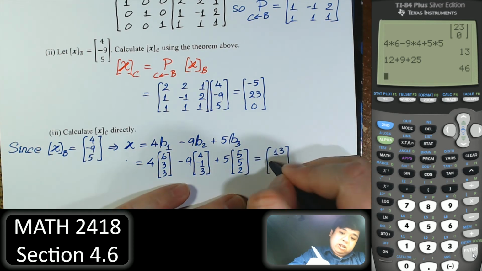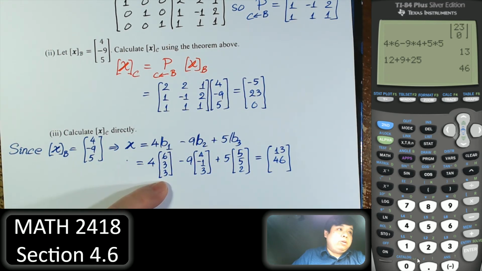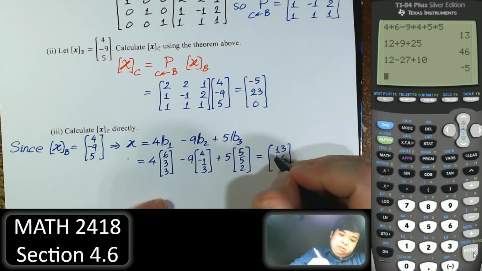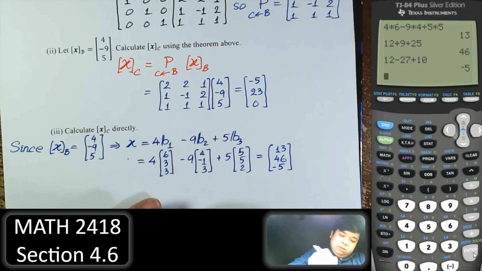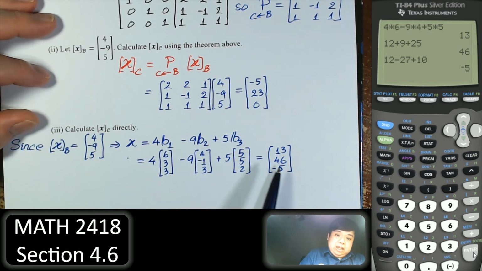That's 46. And then 12 minus 27 plus 10. Right, so x in the standard basis is given by that.